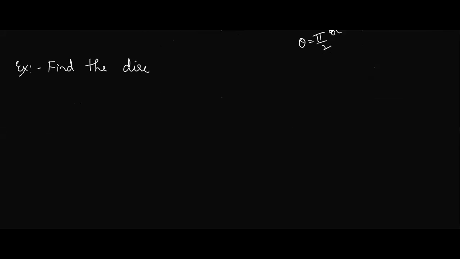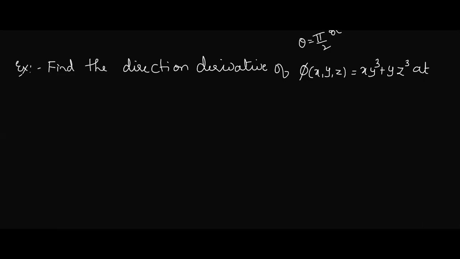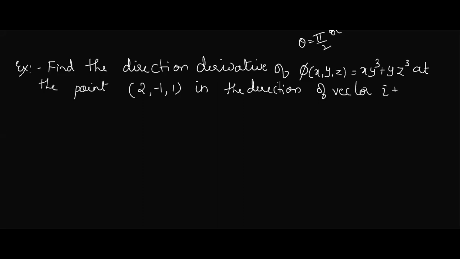The first one is: find the directional derivative of phi of xyz equal to xy cube plus yz cube at the point 2, minus 1, 1 in the direction of vector i plus 2j plus 2k. Write down the question.